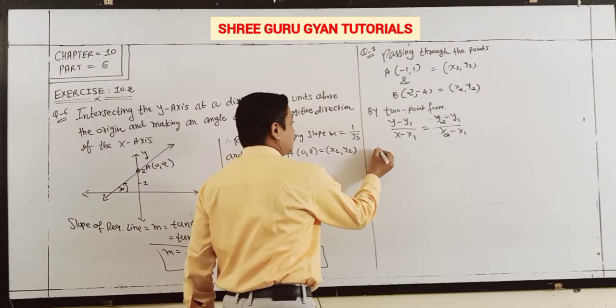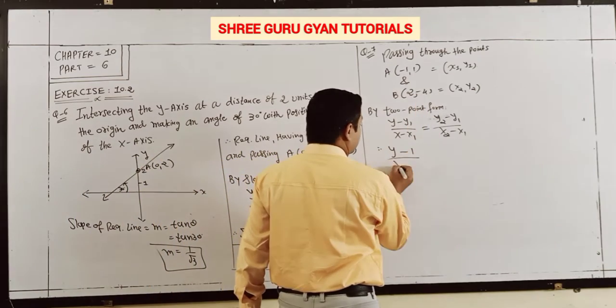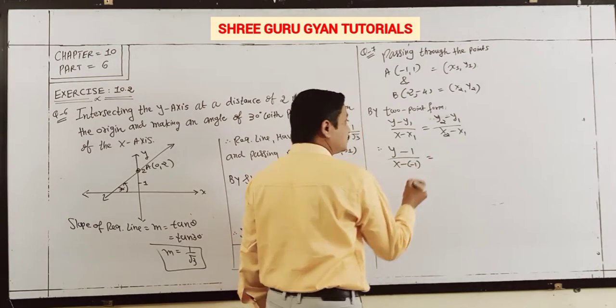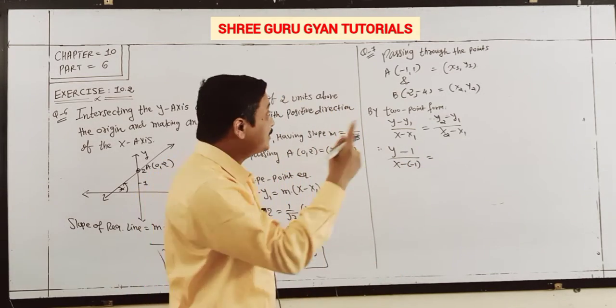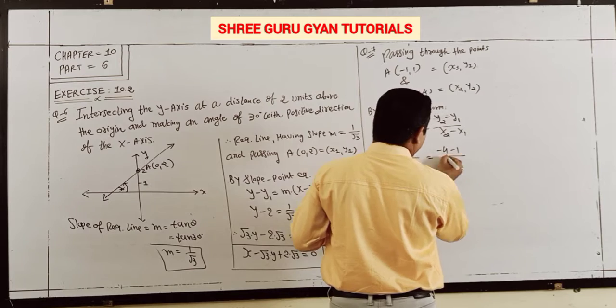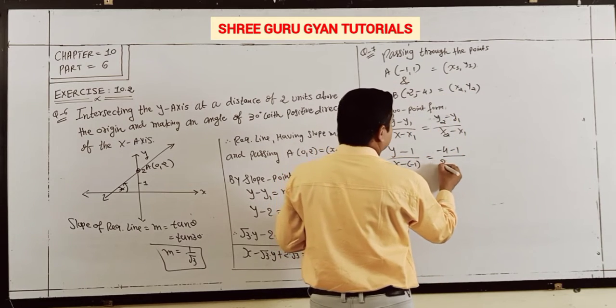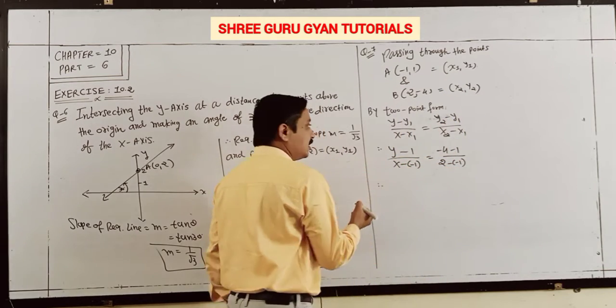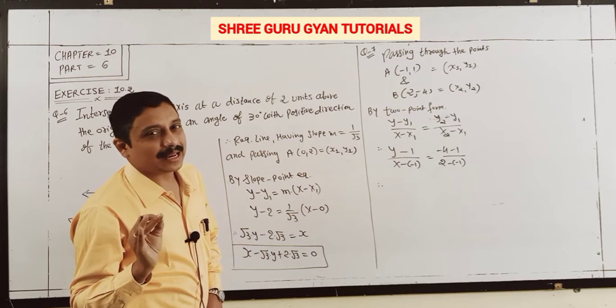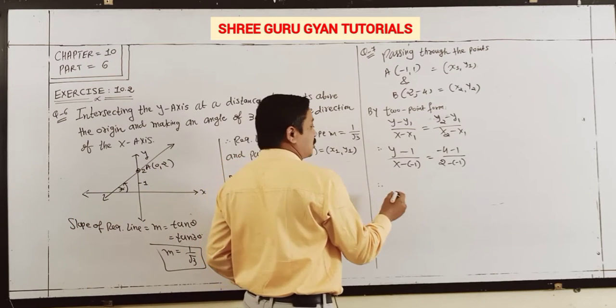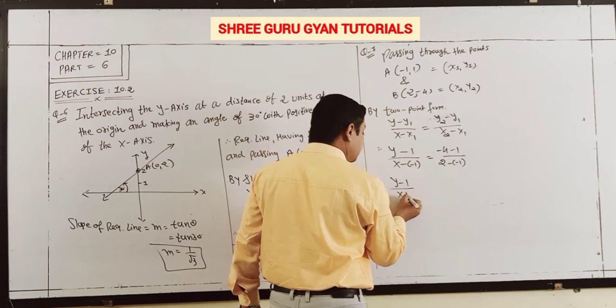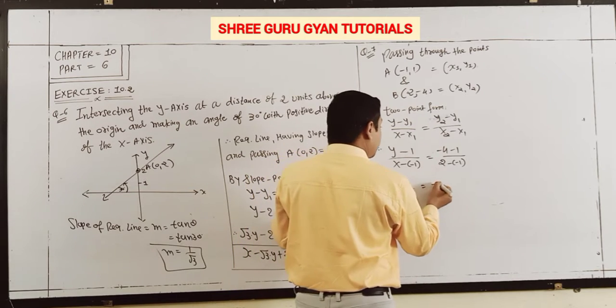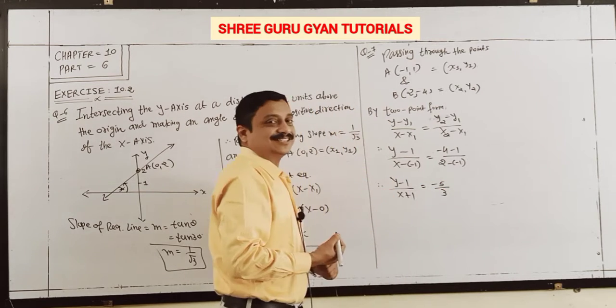So y1 is 1, x1 is -1. Now y2 minus y1 is -4 minus 1, and x2 minus x1 is 2 minus (-1). With simple calculations, students, I just operate here: (y minus 1) by (x plus 1) gets -5 by 3.